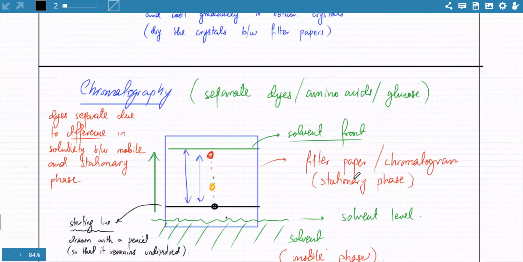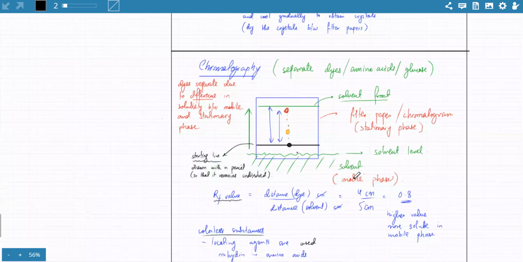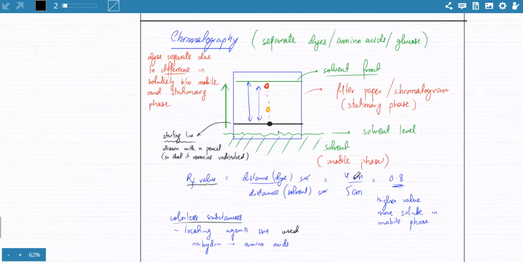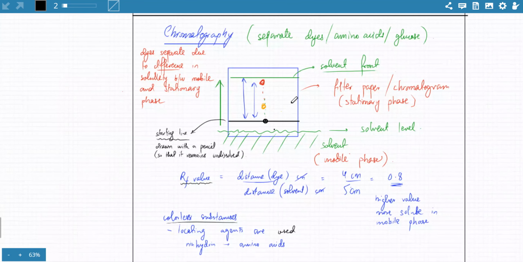Yes, sir. And then you have chromatography where you separate dyes. In chromatography, you must know what the solvent front is, and what the starting point is. It's drawn with a pencil. If a dye is a mixture, the water would get absorbed by the filter paper. And different dyes have different solubilities. So the red dye is going to travel a larger distance because, let's assume, it has greater solubility.